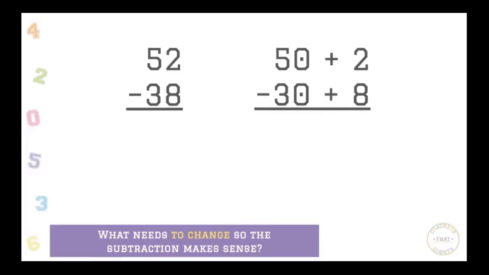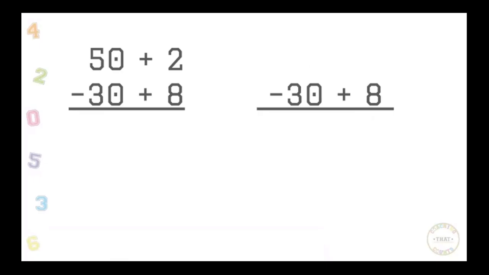Now look at each part. I can subtract the tens, 50 minus 30. But I can't subtract 8 from 2 yet. And this is an important moment. Instead of jumping to a step, expanded form forces us to ask what needs to change so the subtraction makes sense. So I regroup on purpose.